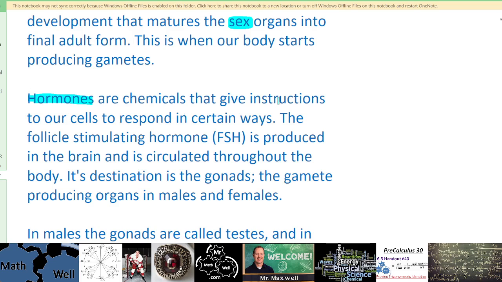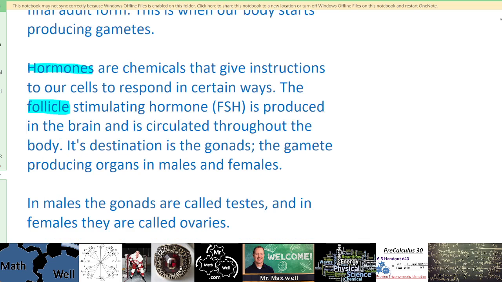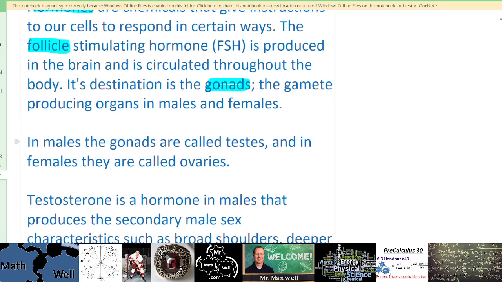The follicle stimulating hormone, FSH, and maybe you've heard the word follicle before, like a hair follicle, is produced in the brain and is circulated throughout the body. The destination of this hormone is the gonads, the gamete-producing organs in both males and females. In males, the gonads are called testes, and in females, they're called ovaries.